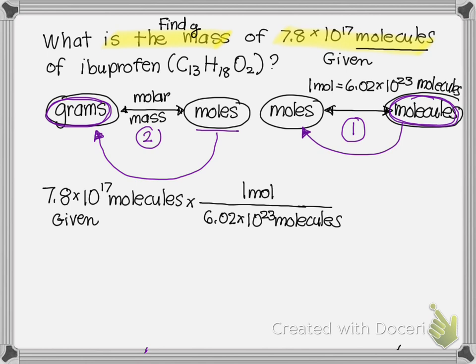How I know I'm dividing is because if you're given molecules, the molecules has to be on the bottom, so you get moles. And recall from previous videos, when you divide in the calculator, you'll need to put anything in scientific notation in parentheses when you're dividing by it. So that will be the first part, going from molecules to moles.